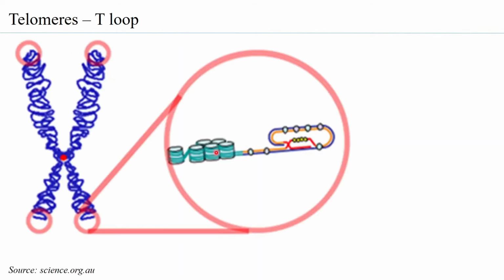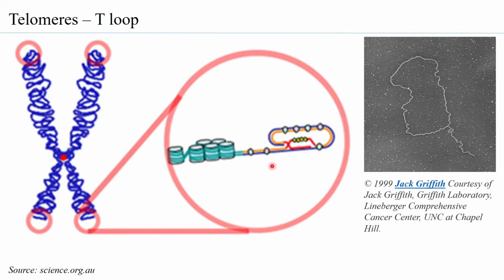So when you look at the ends of the chromosomes, one will find that every telomeric end has this specific looping of the telomeric overhang, okay, and that is what is called the T loop. So this is a very special structure that is formed at the ends of every chromosome.